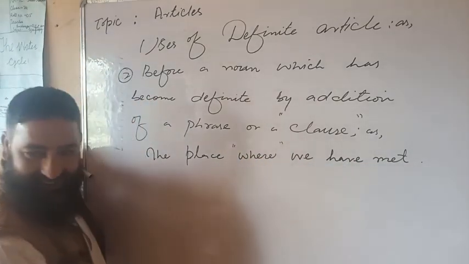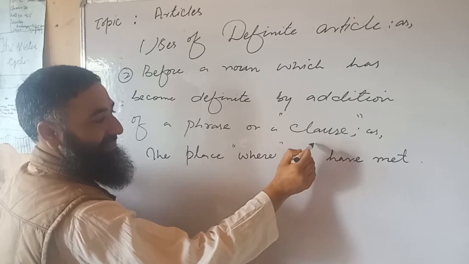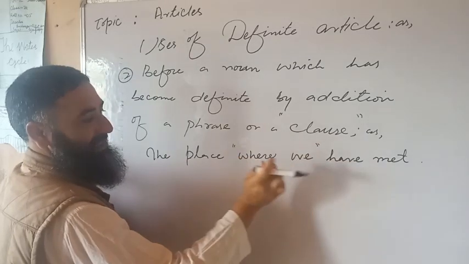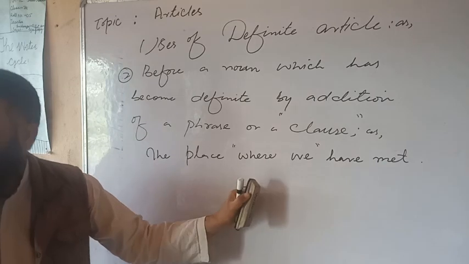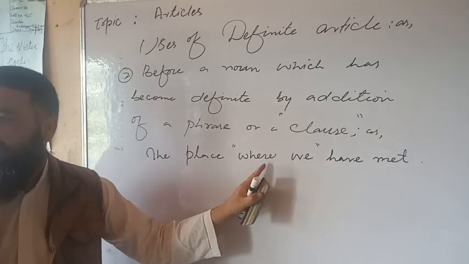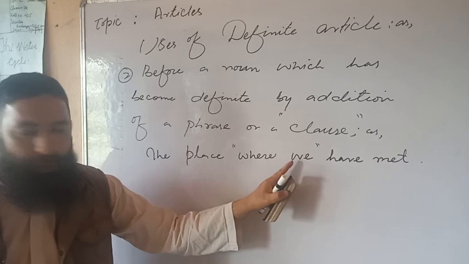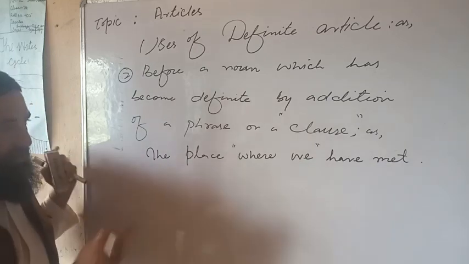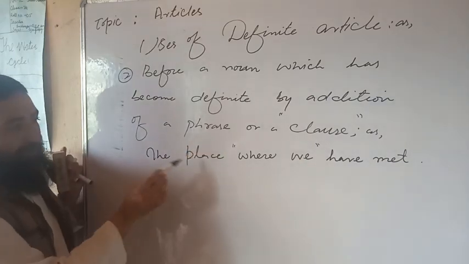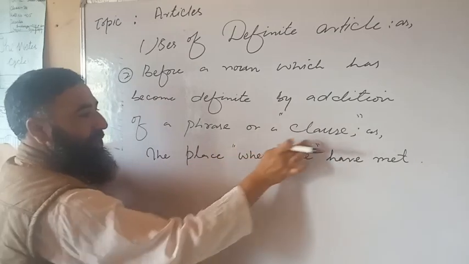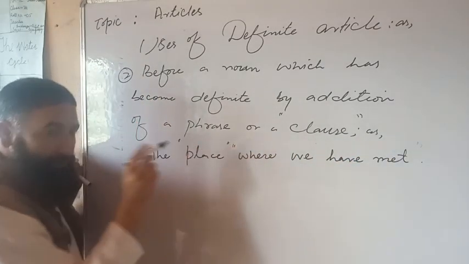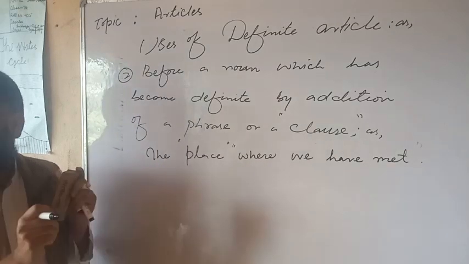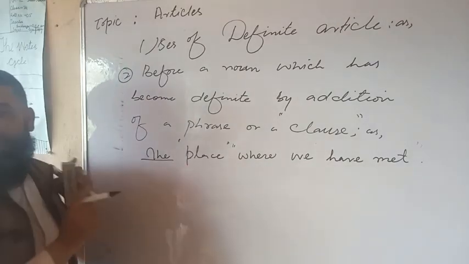We have met. Now this is a clause, because it possesses both subject and predicate. The place, and this whole clause has made this place particular and definite. So it will take "the" before it.